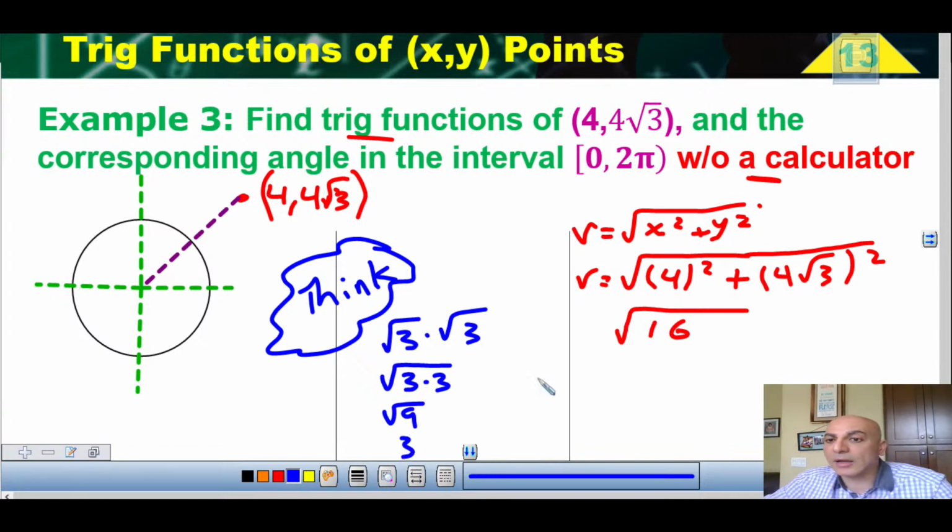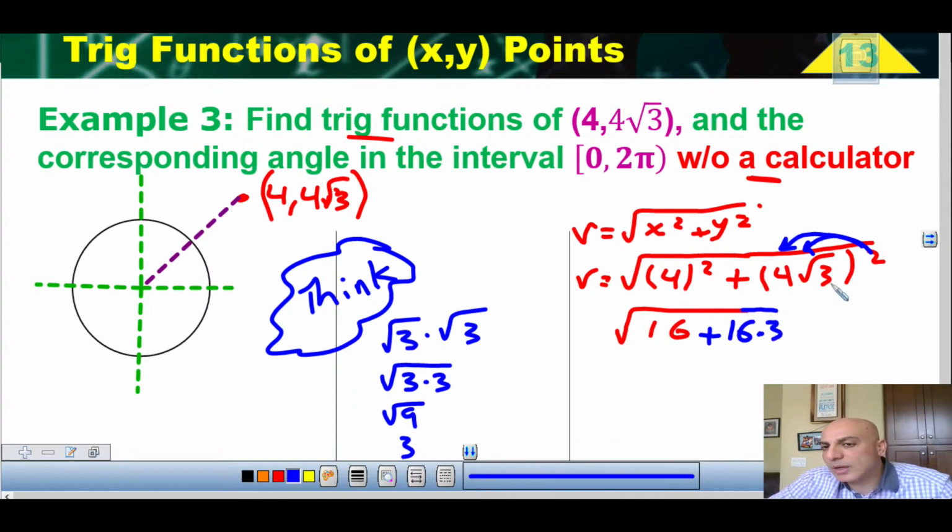So don't forget that. What you're saying here is the 4 is being squared, and also the square root of 3 is being squared. Both of them are being squared. And if that is true, then this guy has to be 16 times the 3.